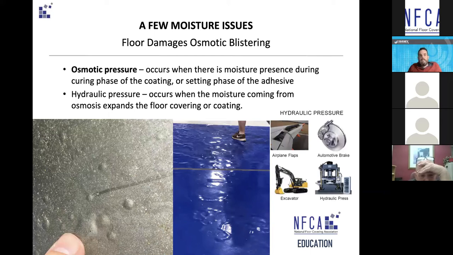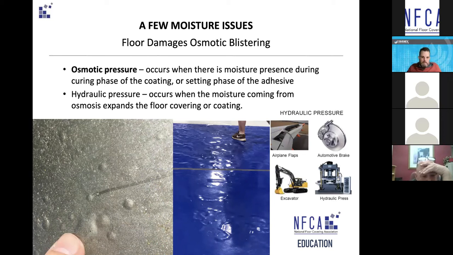That chemical stays underneath the floor. So there's an osmotic difference, and the chemical attracts water into that space through osmosis. It brings moisture into a space under the floor covering, between the concrete and the floor covering, where there's no physical space for it.